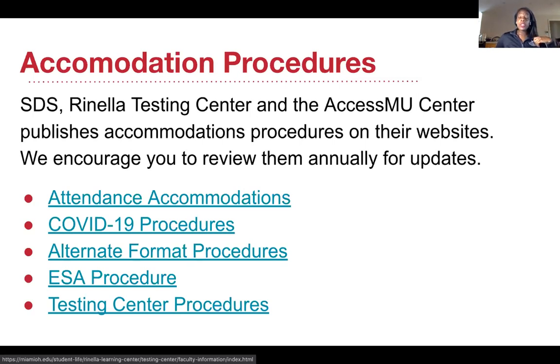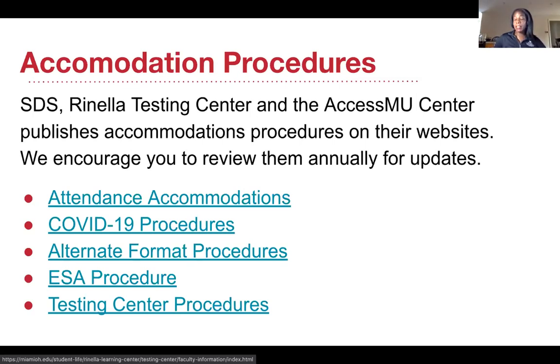When we had students that had a required face-to-face class, but had an underlying condition that placed them at risk of a severe COVID-19 infection, obviously before we entered this period of vaccine access, we coordinated some remote instruction accommodations for those students. So those are a couple of examples.